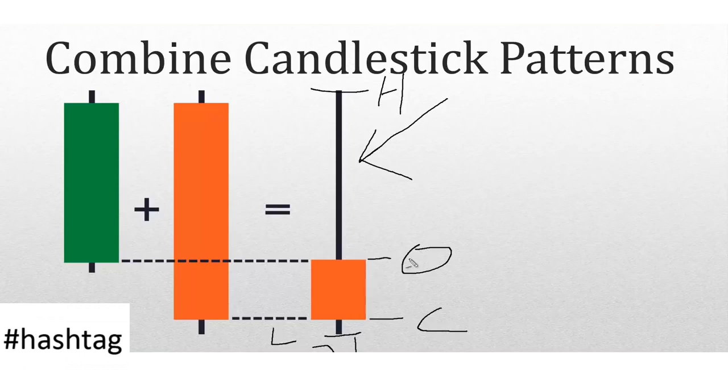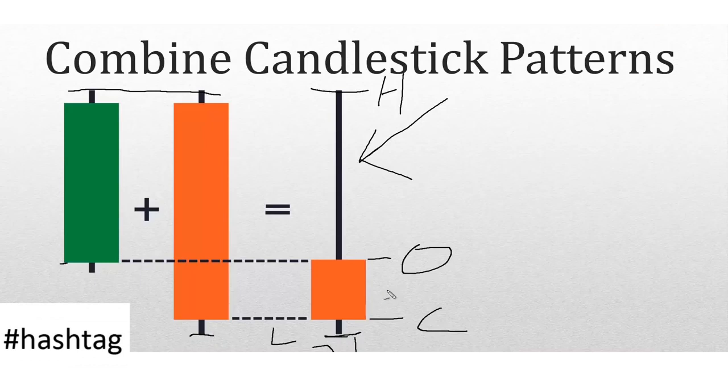So where did we get the open from? We get the open from the first candle, because this is the first hour of the 2 hours. So this is why we have the open over here. Now, where is the high? The high is simply the highest point between these two candles. In this case, the highs between these two candles are pretty much the same. What about the low? The low is the lowest point between these two 1 hour candles, and it is this one over here.